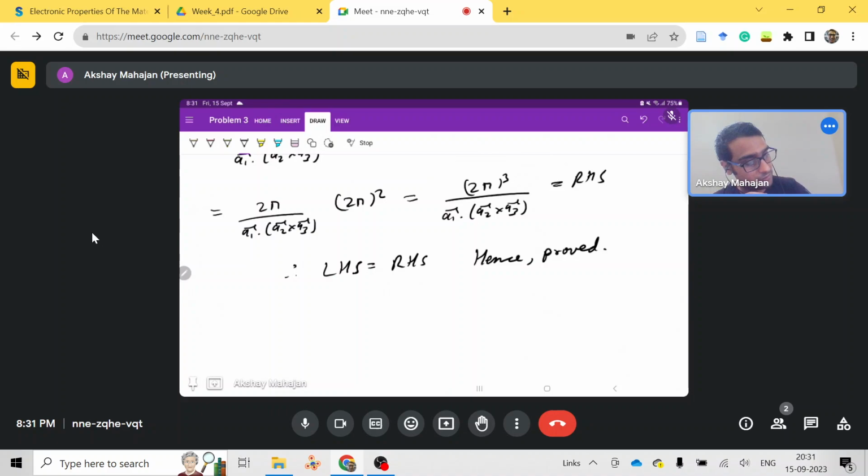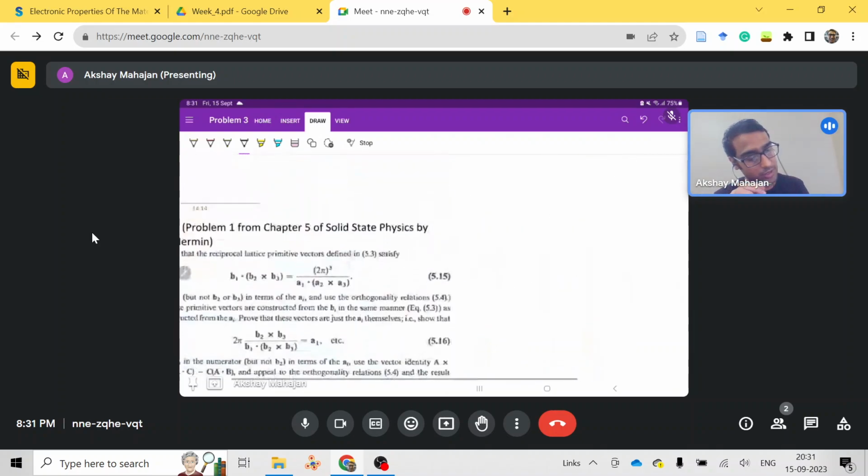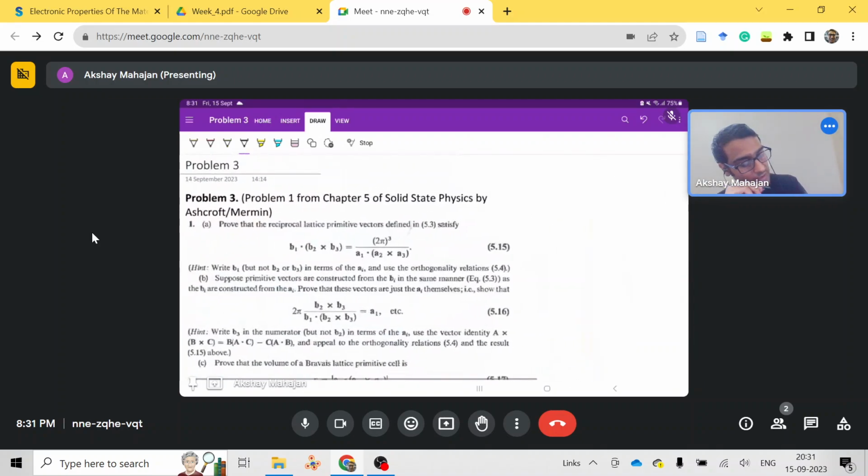Now let's go to part B. Again we have to prove something: the identity 2 pi times b2 vector cross b3 vector divided by b1 vector dot b2 vector cross b3 vector equals a1 vector, and so on for the other vectors as well.